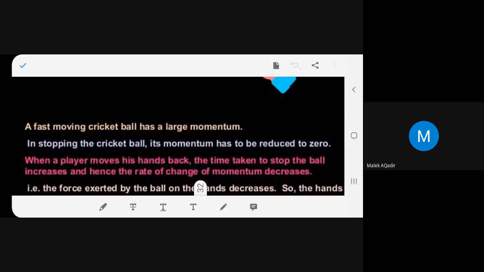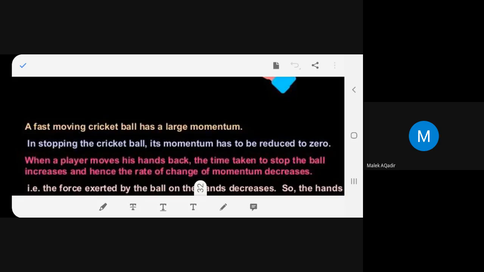A fast moving cricket ball has a large momentum. What is momentum? Mass into velocity. What is momentum, beta? Mass into velocity. Exactly. You know that, right? So when it is coming down, it is coming with gravity. Now the gravity is working on the ball, isn't it? So obviously velocity increases, don't you feel?